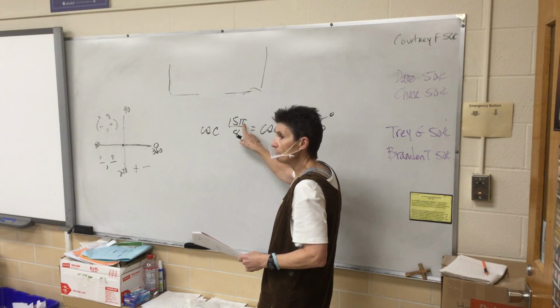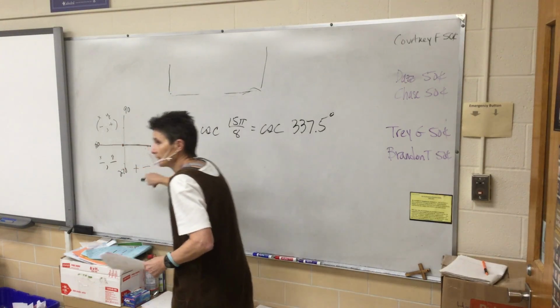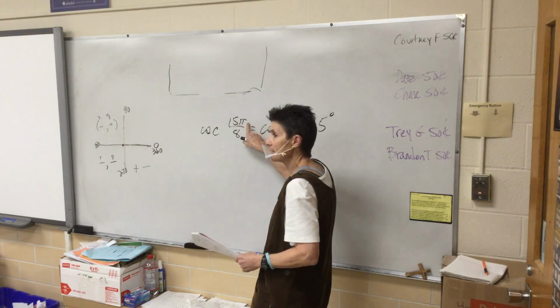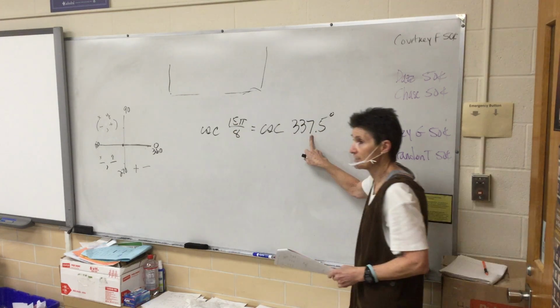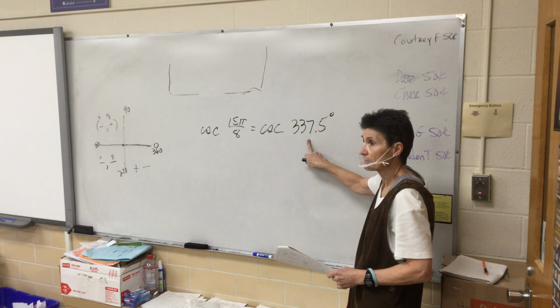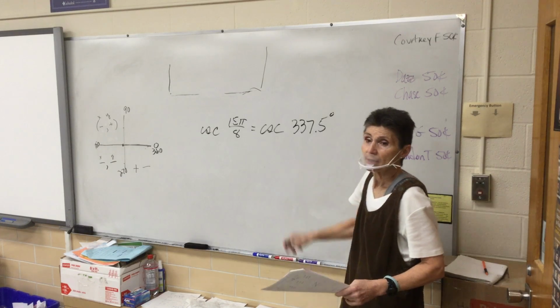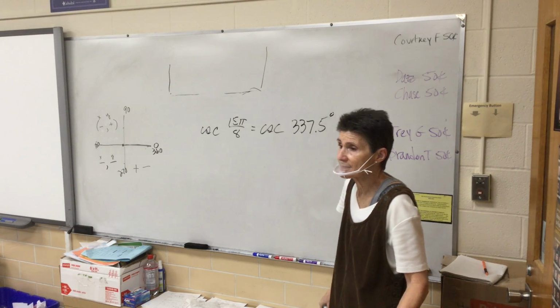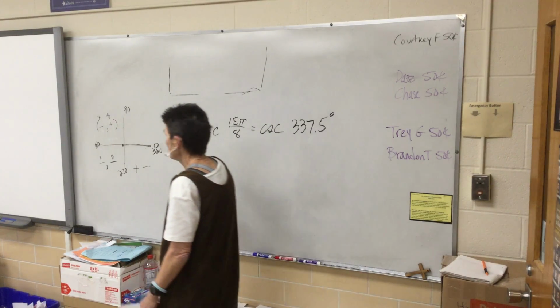No, we're not doing 1 over anything. We're changing this into degrees so that we know where to look for it. So pi is 180, divided by 8 times 15 should be 337.5. Okay, now where is this angle? 337.5.